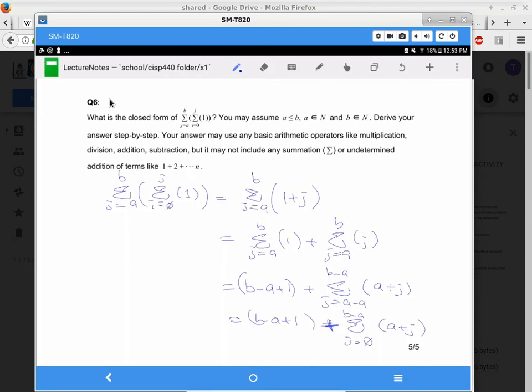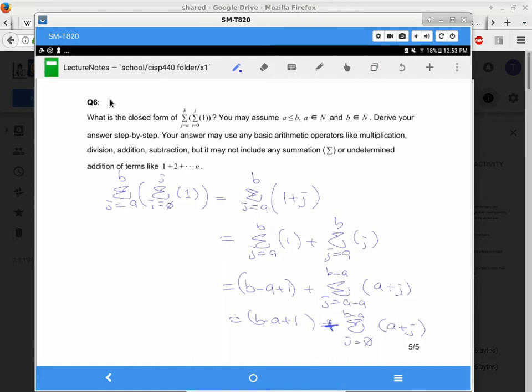That one you can get from the notes, because that becomes b minus a times b minus a plus 1, the whole thing divided by 2. The last part becomes a times b minus a plus 1, because you're adding a to itself b minus a plus 1 times. But that part is explained in the practice exam already. Is that okay?